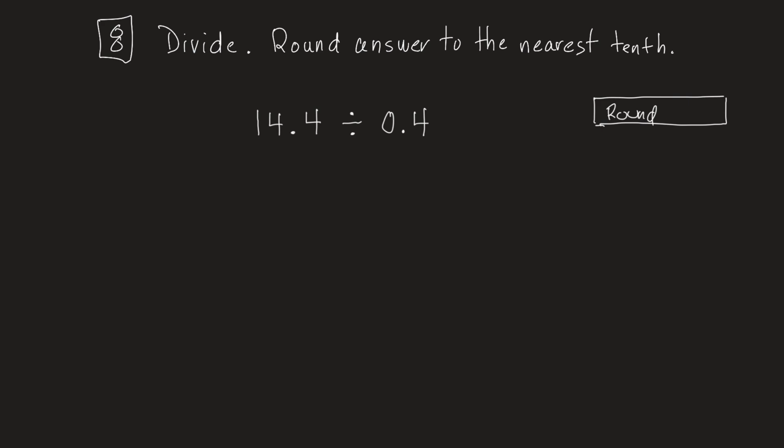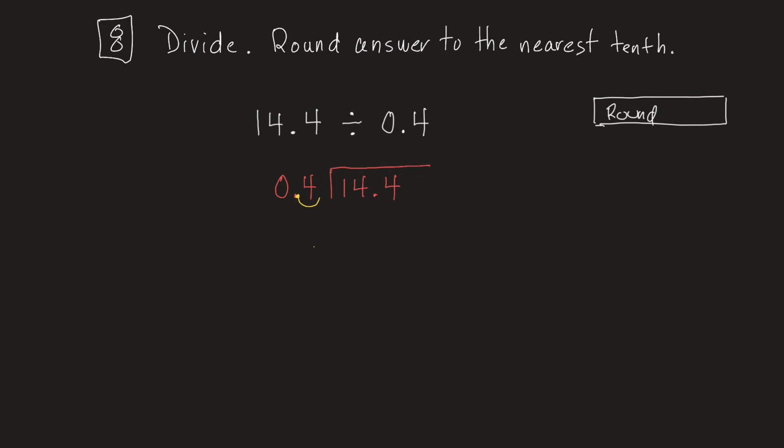So I put my divisor out here, 0.4. My dividend goes inside. I recognize that this is a problem where you have a decimal in the divisor. I move it to the right one place so it goes away.